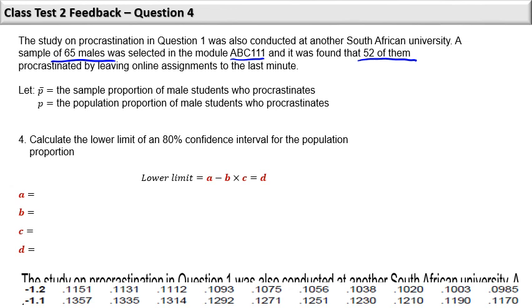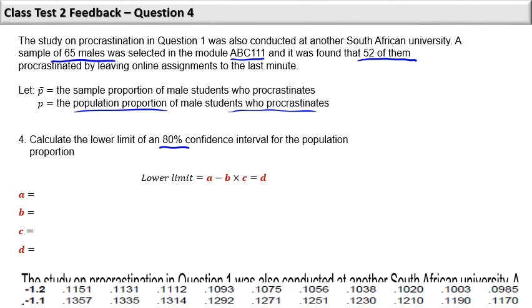Now they are saying P bar is the sample proportion of male students who procrastinate, and P is the population proportion of males who procrastinate. You are asked to calculate the lower limit of the 80% confidence interval for the population proportion of males who procrastinate.